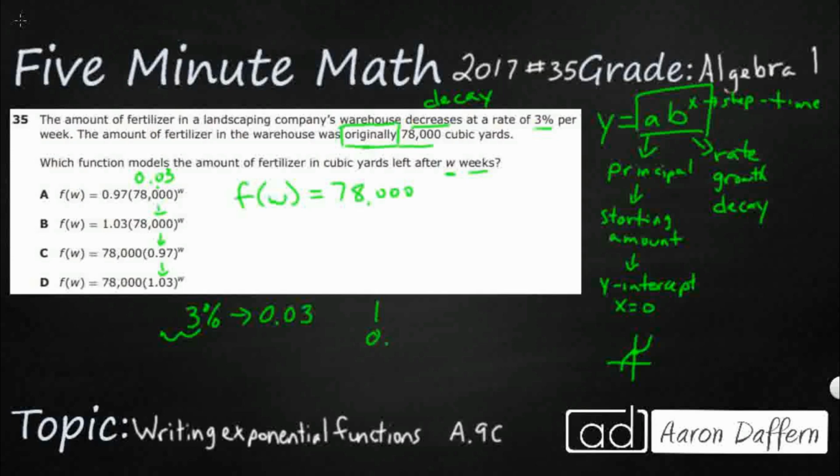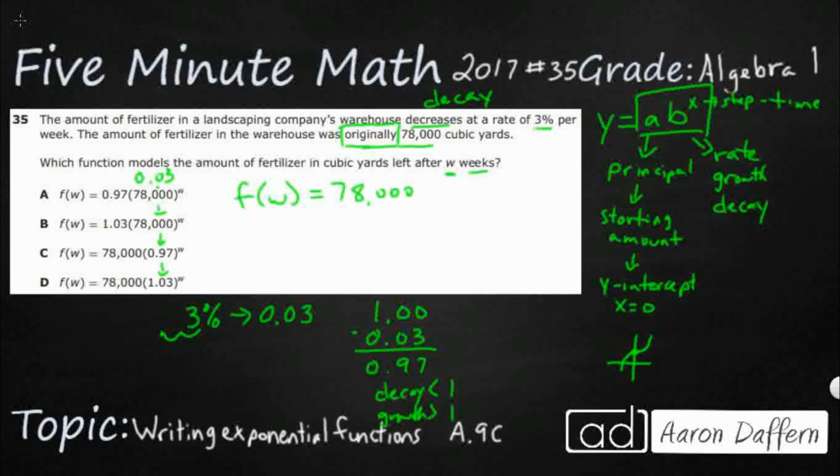So what we actually need to do is subtract that 0.03 from that 1. Basically, each time it's iterating, we're getting 97 hundredths of it remaining. So anything less than 1 is going to be a decay rate, which is what we're doing. Anything greater than 1 is going to be a growth rate.